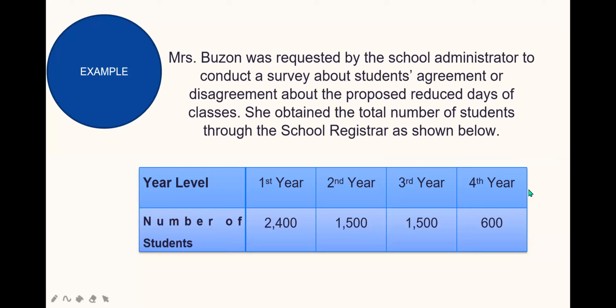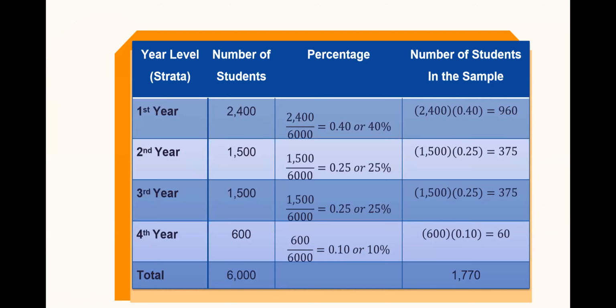Now, based on this, we're going to use a stratified random sampling technique to choose how many samples Mrs. Buson will get from our larger population. So for the first year, we're going to total all of these numbers of students. That is equal to 6,000. So it is divided into strata: the first year, second year, third year, and fourth year strata.